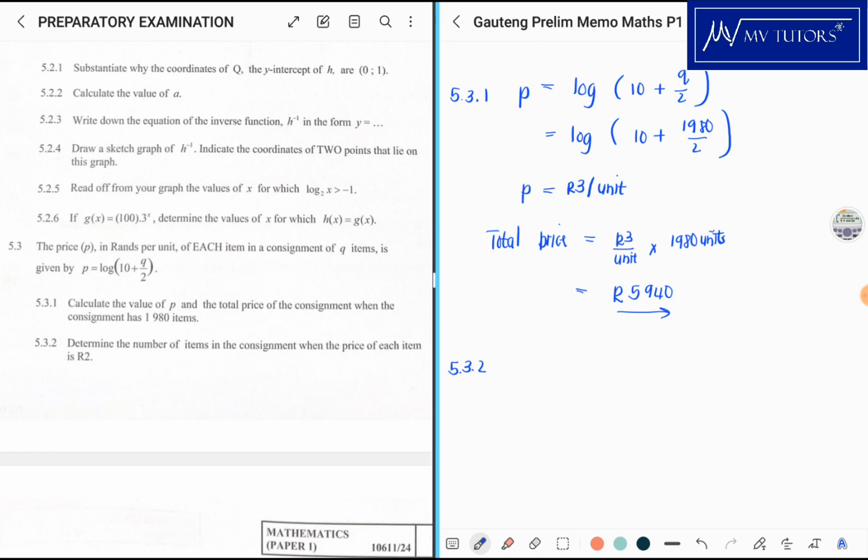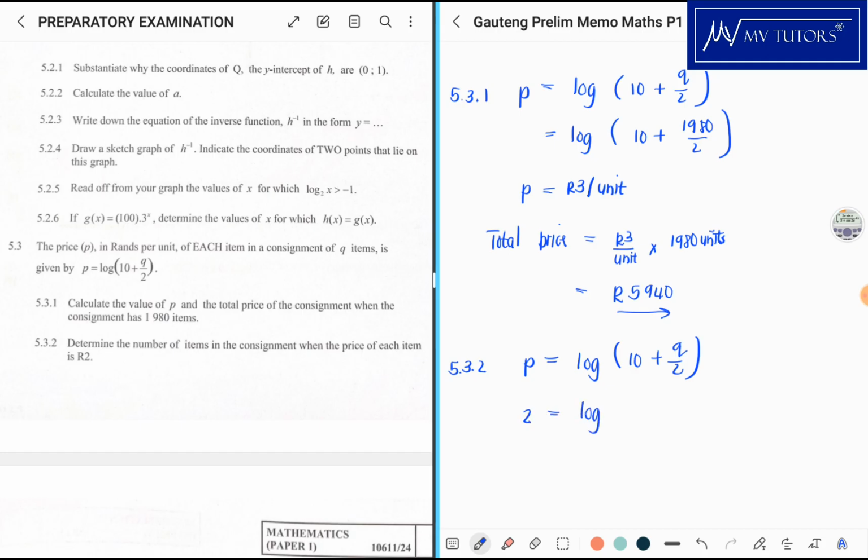Alright, now it says determine the number of items in the consignment when the price of each item is 2 rand. So now we're looking for Q, because Q is items. P is equal to log of 10 plus Q over 2, and P is 2 rand now.